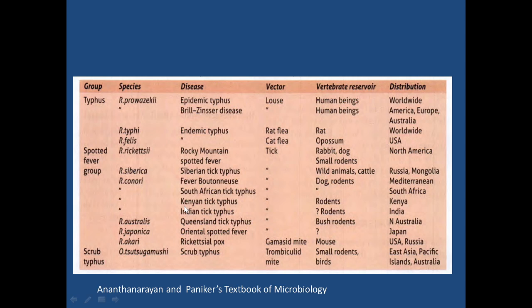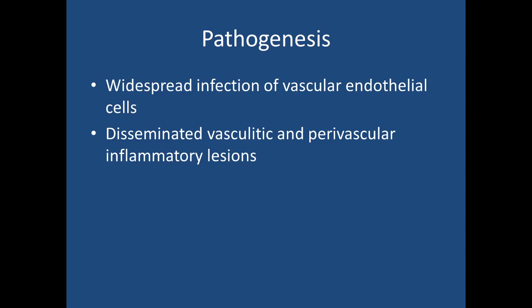Now we will discuss scrub typhus. In the typhus groups, the pathogenesis is almost common, so we will only discuss scrub typhus pathogenesis and treatment. These things will be common for the typhus group. Rocky Mountain spotted fever is not important for our region at present. Now, in scrub typhus, the pathogenesis involves widespread infection of vascular endothelial cells.